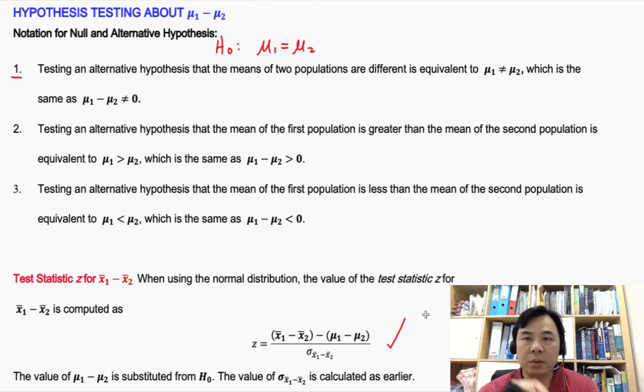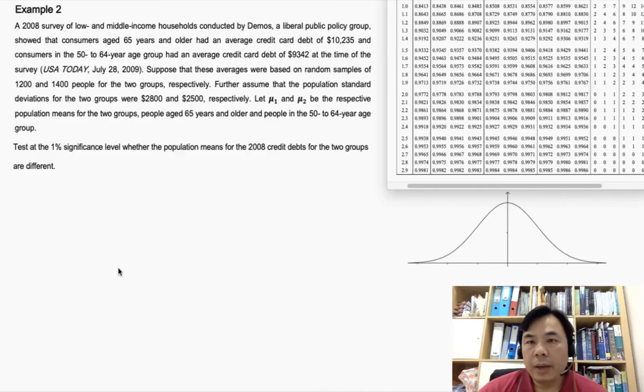Okay, now next I'm going to walk you through one example of how we're going to carry out the hypothesis testing for the difference between means of two populations here. By using the same example as in example 1, we're going to carry out the hypothesis testing here, right? All right, example number 2 here.